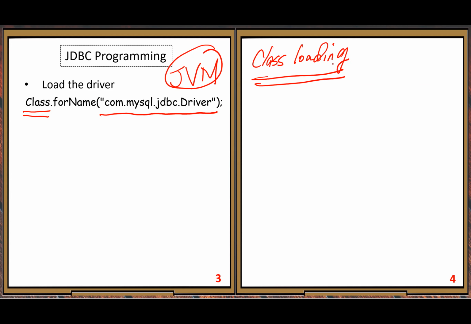You need to put the classes you may need to use for your web applications in certain locations. Then the JVM can find them. If you do not place them in those locations, the JVM cannot find them. That's the class loading concept. Let me give you those locations.